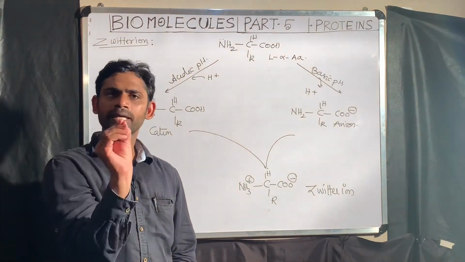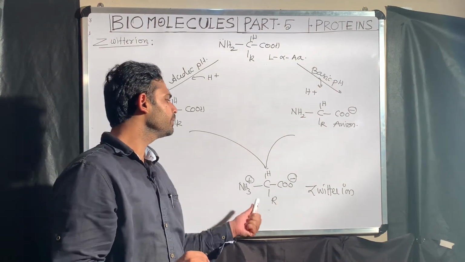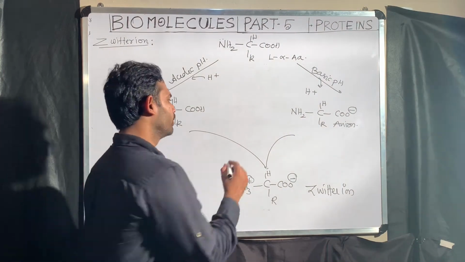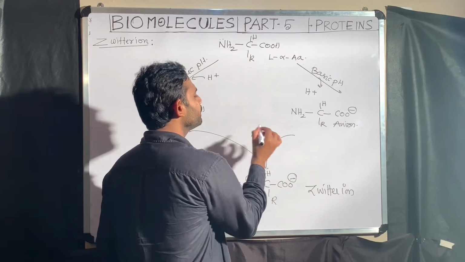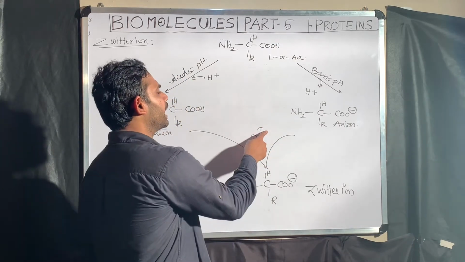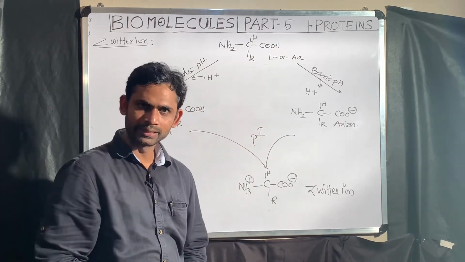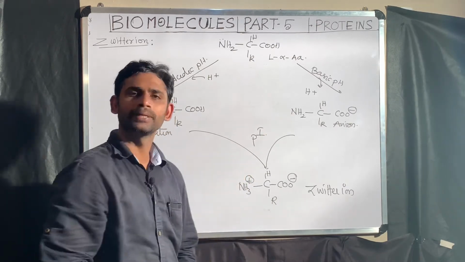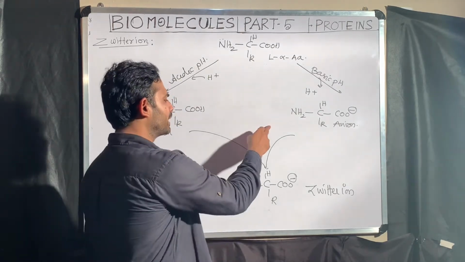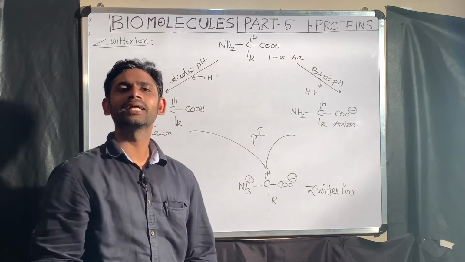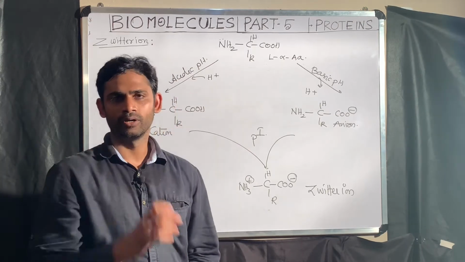That particular pH where a particular amino acid exists as a Zwitter ion is designated as pI. That is the isoelectric point or isoelectric pH, where a particular amino acid exists as a Zwitter ion.